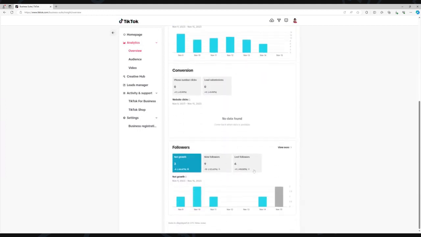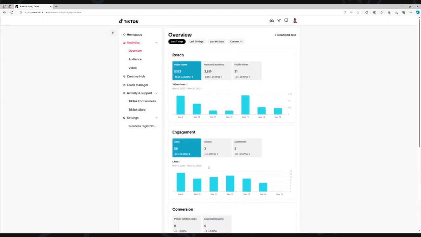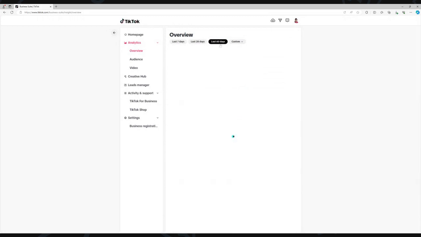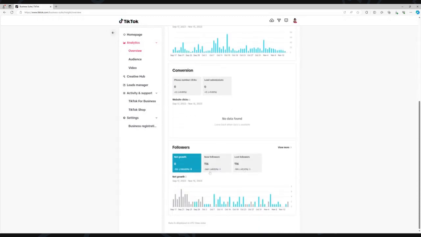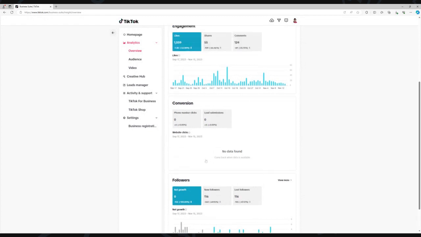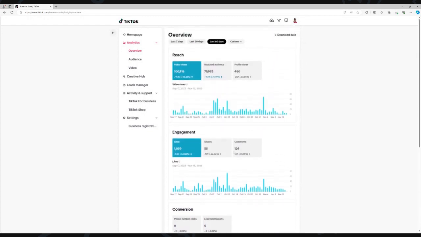But right now, I'm okay with this net growth, even though it's showing it's down, because I dug into the data and I looked at the last 60 days and I'm like, oh, hold on, I'm breaking even. I gained 116 and I lost 116, but I've changed my content. So that's why I'm seeing the changes here.